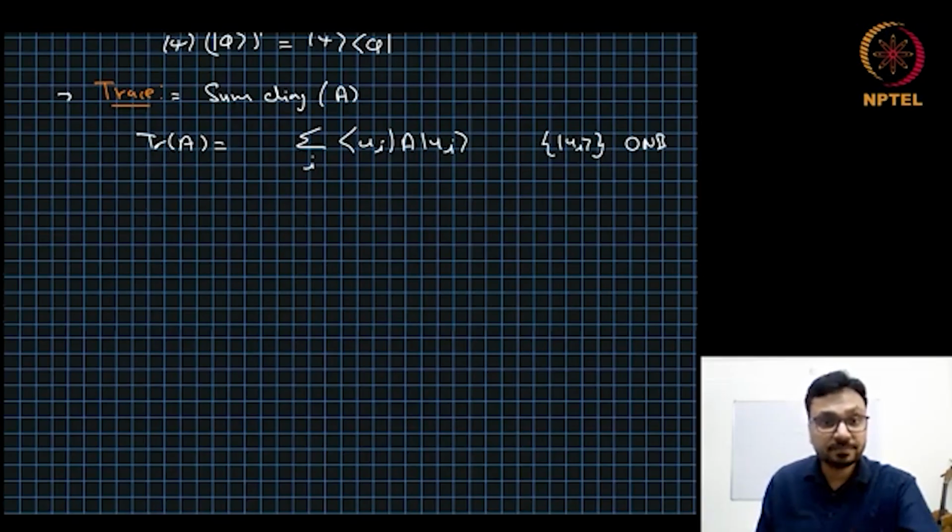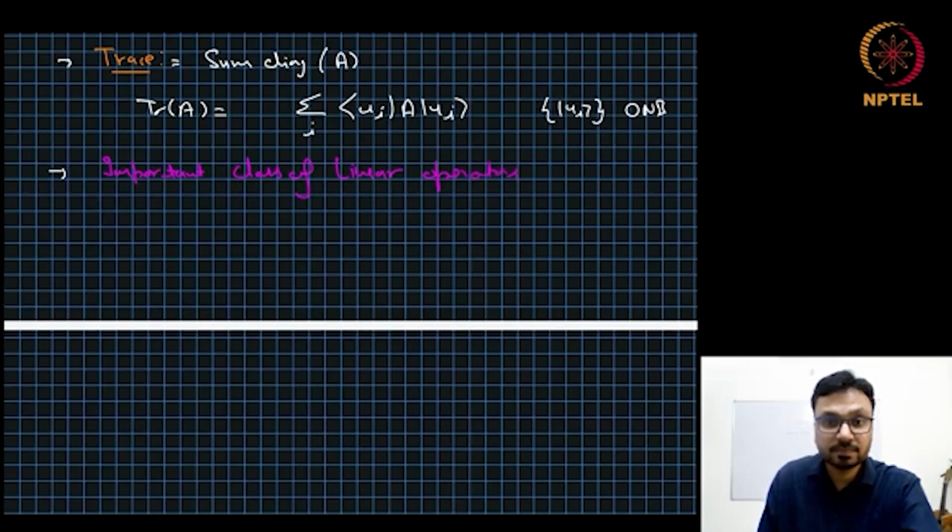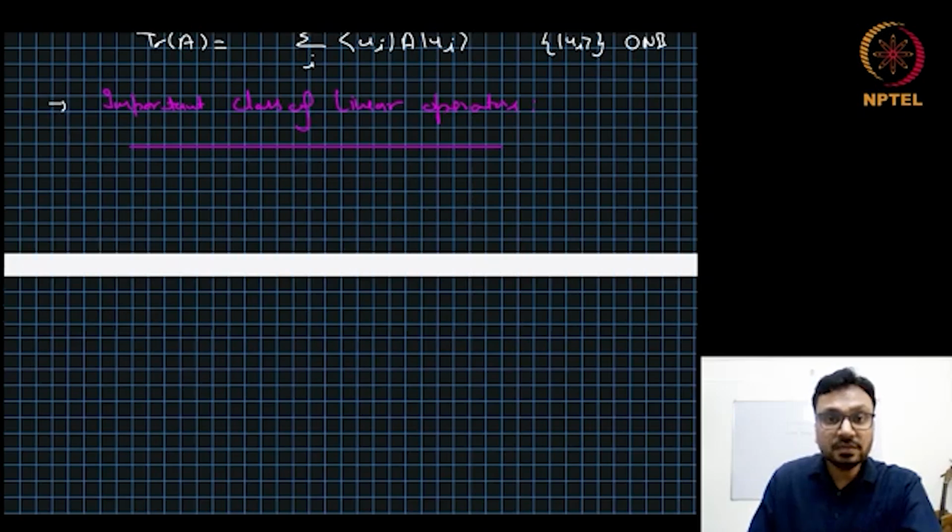This is how we will define the trace of a matrix. Now there are a few very interesting types of linear operators which we will be using throughout this course, an important class of operators. In this class, first we have the Hermitian operators.